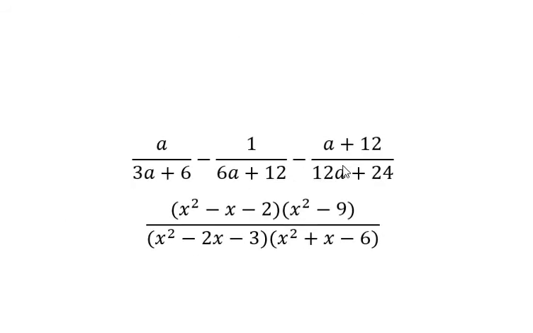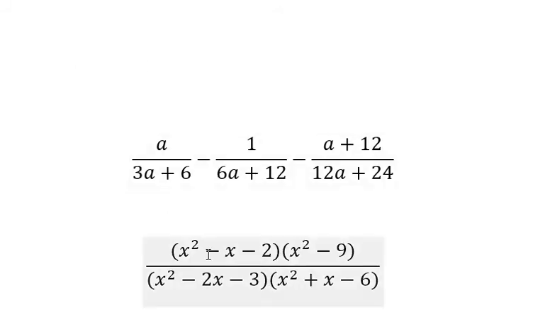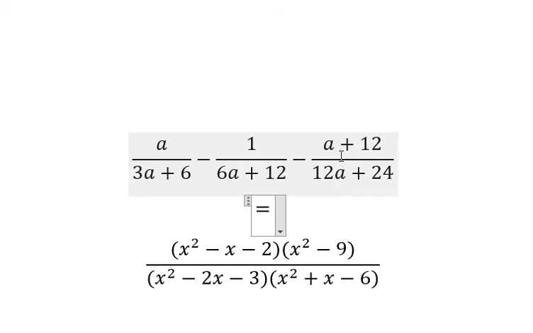Now we go to the second one. For this one, we see that we have number 3, number 6, 12, 24. We can do factorization by 3, 6, and 12.